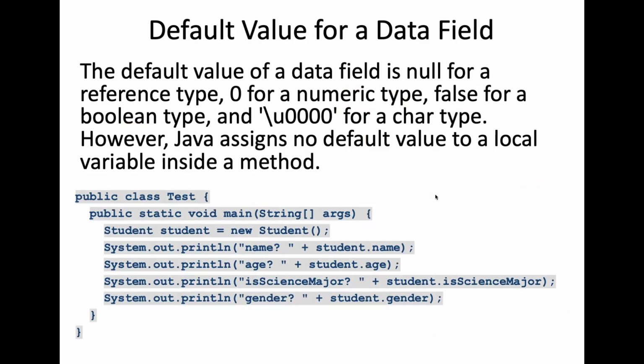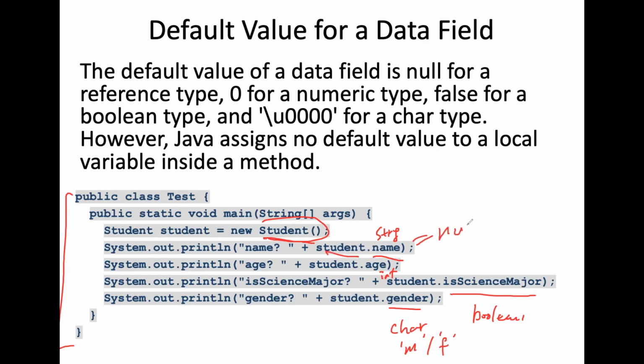Looking at these examples highlighted, assuming that there is a student class defined elsewhere, and the student name is a string, student age is an integer, science major of a student is a Boolean, gender is a char, meaning M or F. Assuming none of this is initialized in the student's constructor, by way of accessing these public data fields or attributes or properties of a student instance, these should give you a default null.